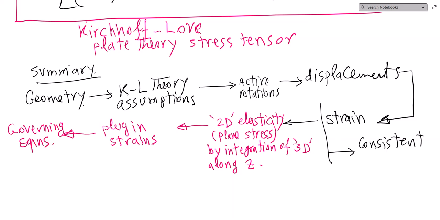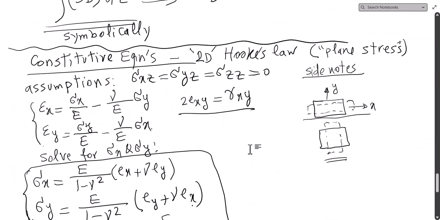Okay, so this should complete this video. In the next video, I will go to the equilibrium equations and then use the results that we have. This completes the Kirchhoff-Love plate theory as far as this theory is concerned.